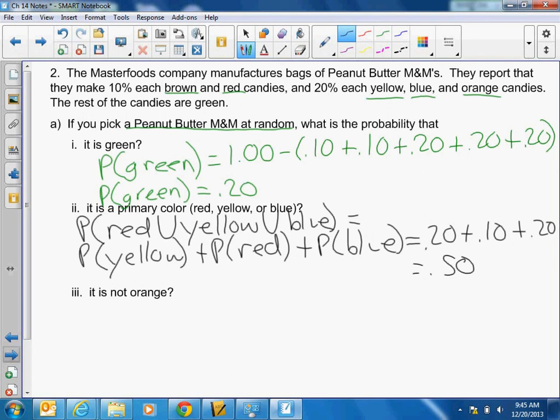Okay, finally, what's the probability that you draw an M&M that isn't orange in one draw from the bag? Again, just use the idea of the complement. So the probability that we do not draw an orange is simply solved by saying, well, that has to be 100% of the outcomes minus the probability that we draw an orange.